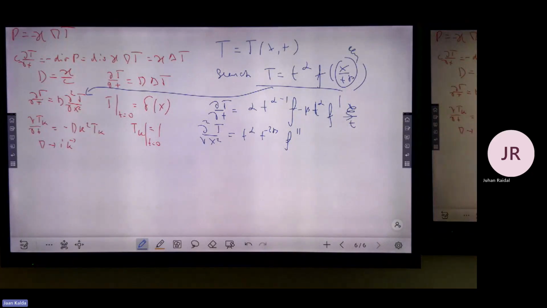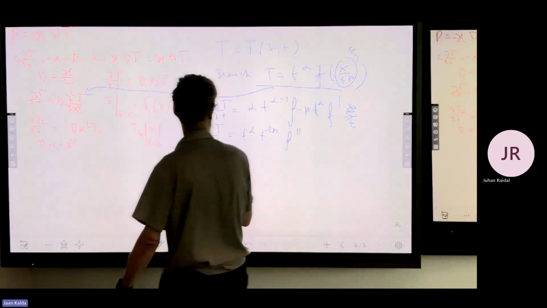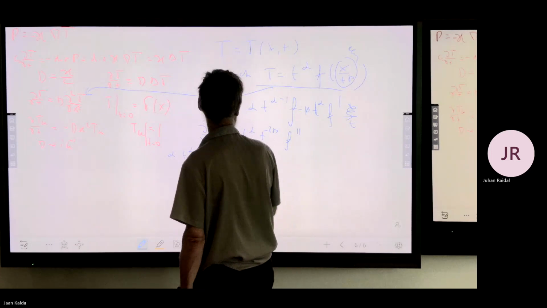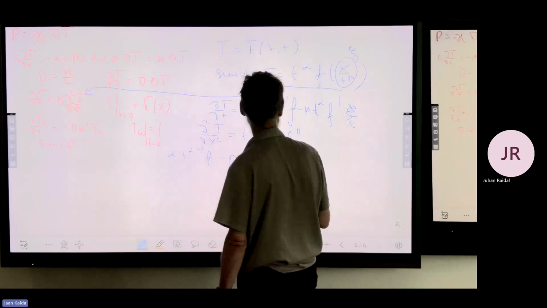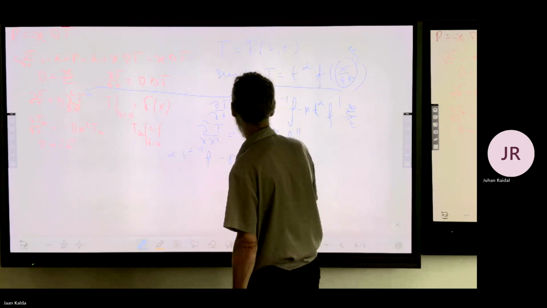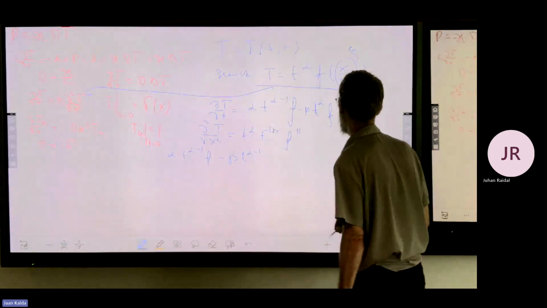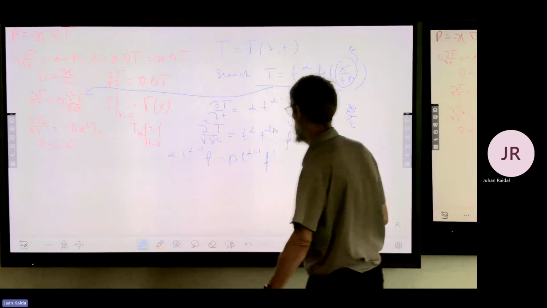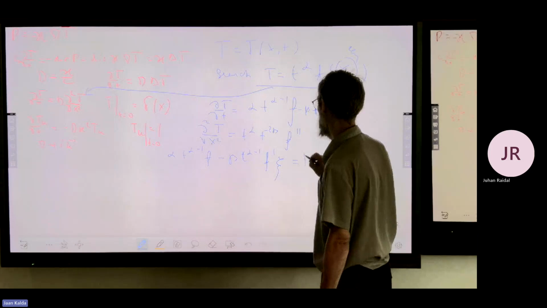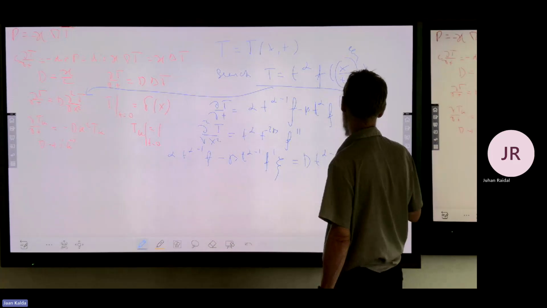All right, and now we plug them into the equation. We have alpha t to the alpha minus 1 f minus beta psi t to the alpha minus 1 f prime equals D t to the alpha minus 2 beta f second derivative.